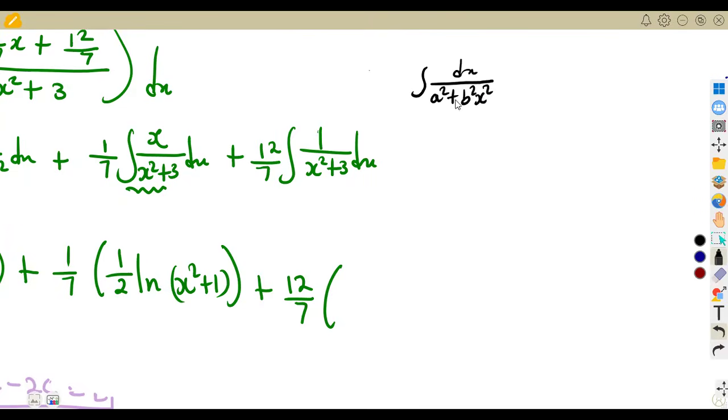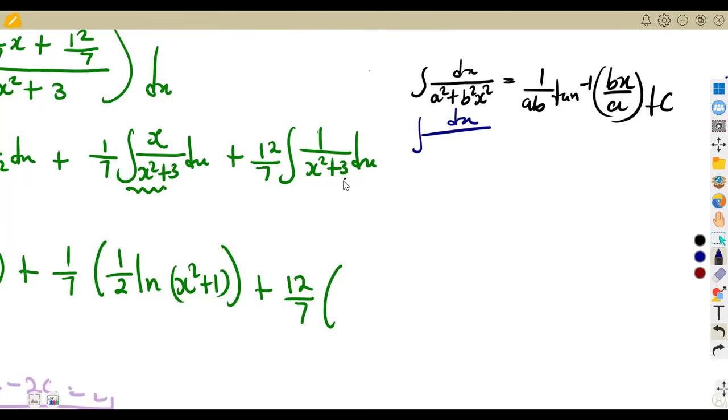With this formula we can integrate it as 1 over ab arctan of bx over a plus the constant of integration. What does it mean? We have got a format that is familiar here. This is 1 over x squared plus 3, which can be written in this format as the integral of 1 times dx, which is the same as the dx.